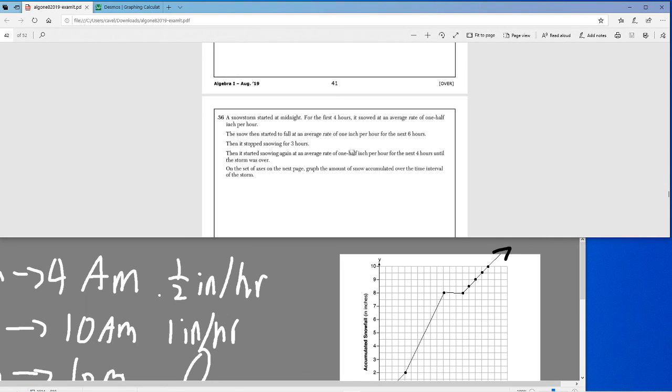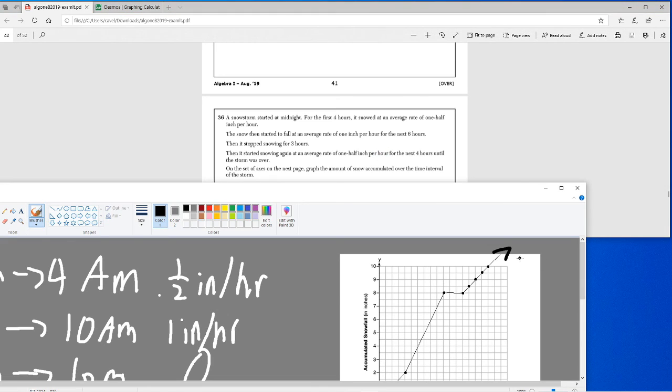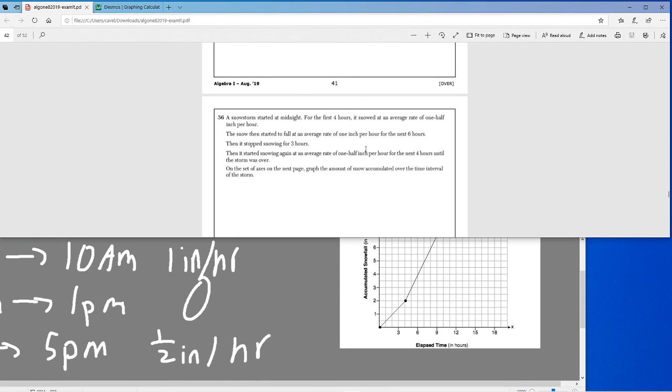Actually, does the storm end? It says 1/2 inch per hour for the next 4 hours until the storm is over, so it ends there.